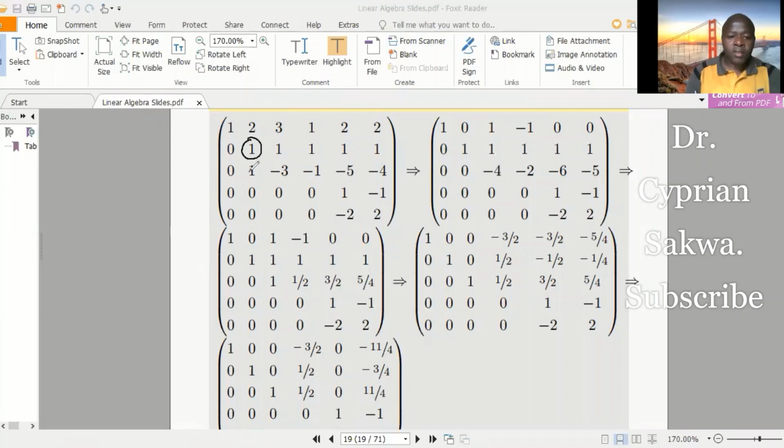To create a 0 in this position, we need row 3 minus row 2. So now I take this minus that, I have a 0. This minus that, I have a negative 4. This minus that, I have a negative 2, and so on.